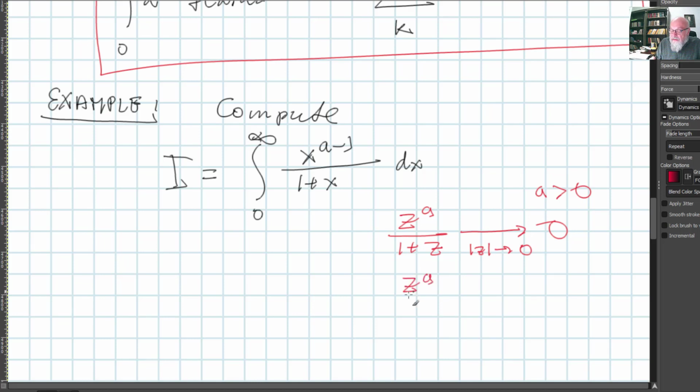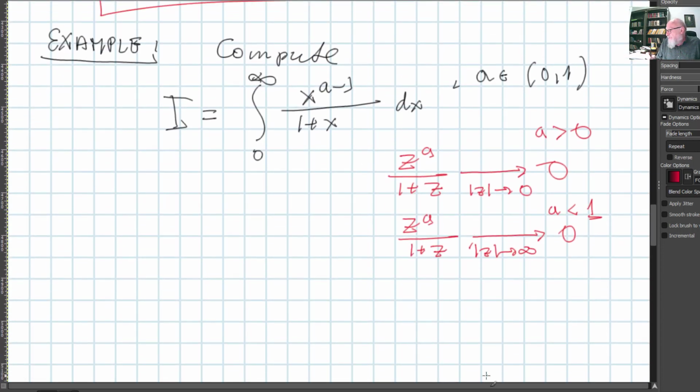On the other hand, if you take z to the a over 1 plus z, this goes to 0 if of course a is smaller than 1, as z goes to infinity. So I can add the assumption that a is a real number from 0 to 1, and then the conditions required about the limits are clearly satisfied. We just looked at this condition. So okay, let's do the computation.